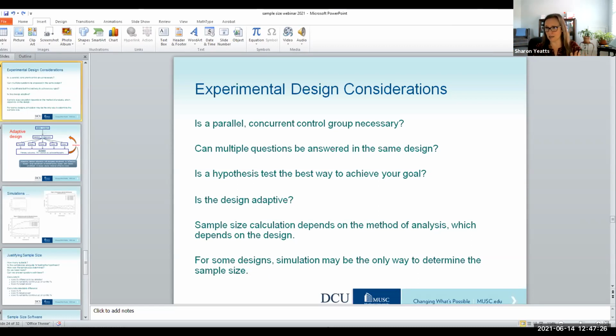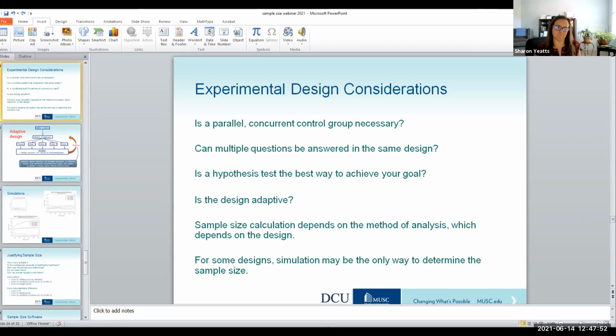That's not always the case. And there are some people who would prefer simulation in all cases because it allows them greater control. So to some extent, when both are possible, it's, in my opinion, just a preference and how much time do you have and how much do you like to play with the simulations. But again, for many designs, the simulation is the only way to go.